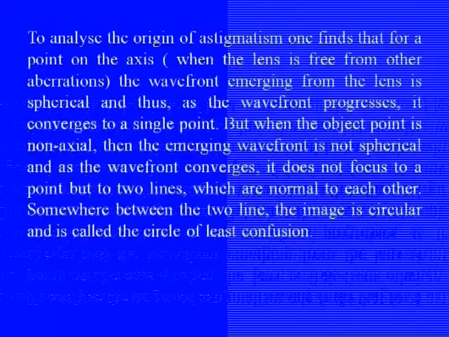But when the object is non-axial, quite away from the axis, then the emerging wave front is not spherical anymore, and as the wave front converges, it does not focus to a point, but to two lines which are normal to each other, the meridional line and the sagittal line. Now, somewhere between these two lines the image is circular and is called the circle of least confusion, but it is still not very well focused there.